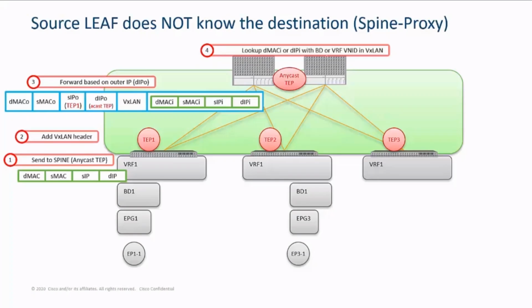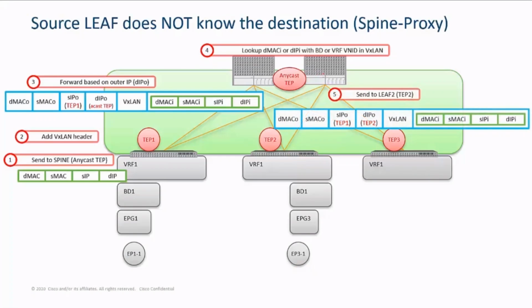And its COOP database will say, hey, this MAC address for endpoint 3.1 is behind leaf 2. So then what would happen is the spine 2 is going to send it to leaf 2. So it sends that outer header in the original frame to leaf 2. And if you notice here, notice the destination IP has changed.